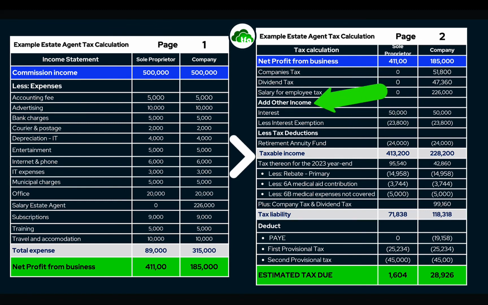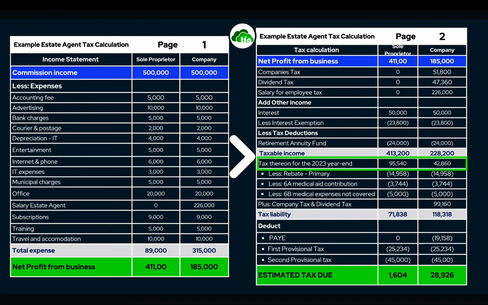We add other income like interest received and deduct from that the exemptions that may apply, like the annual interest exemption of 23,800 Rand. We then deduct other special allowances and deductions provided by the Tax Act, like pension fund contributions. The result is the taxable income on which tax is calculated according to the tax tables of 2023.